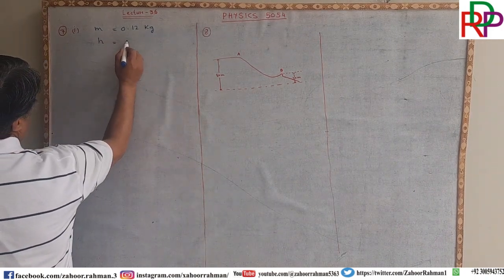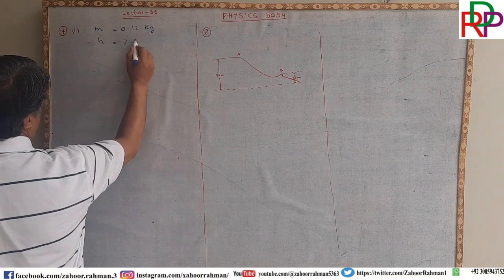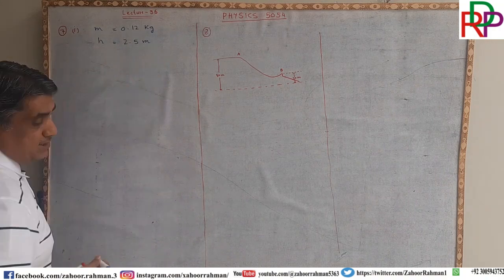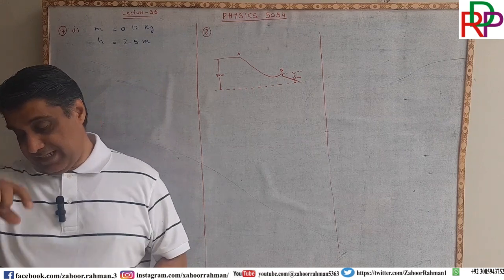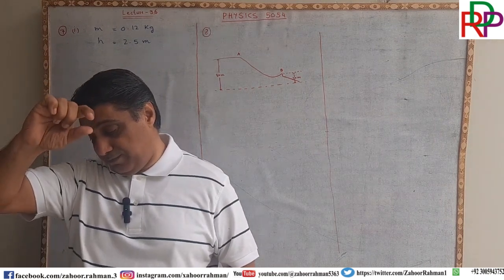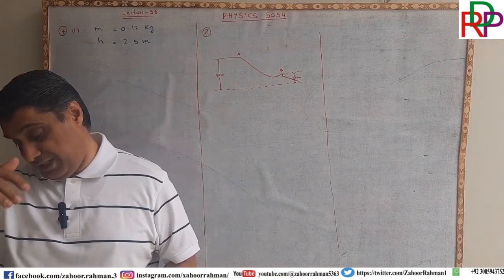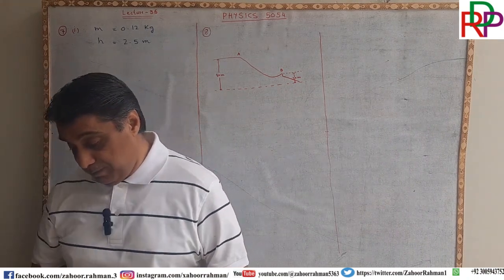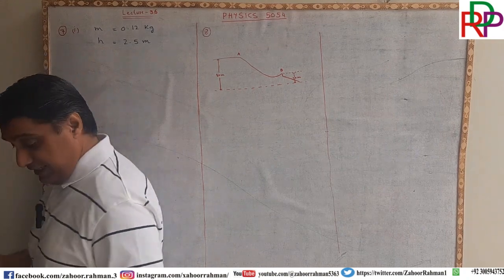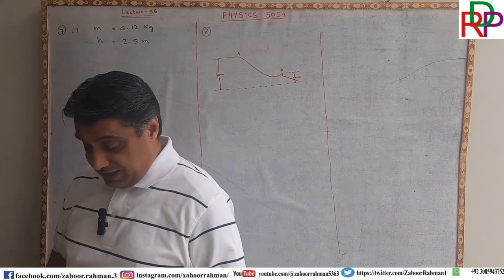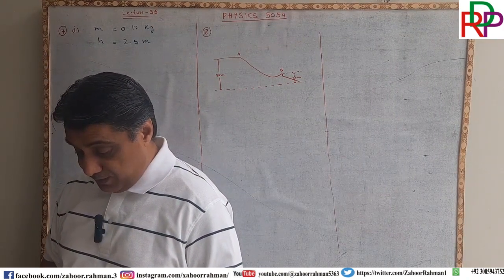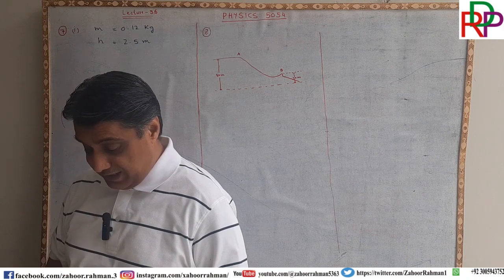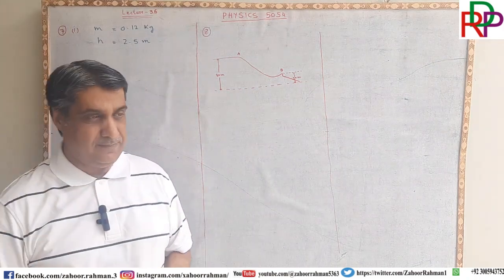So I am writing height as 2.5 meter, and that is held 2.5 meter above the ground and then released. Number one part is saying that calculate the kinetic energy of the ball just before it hits the ground.